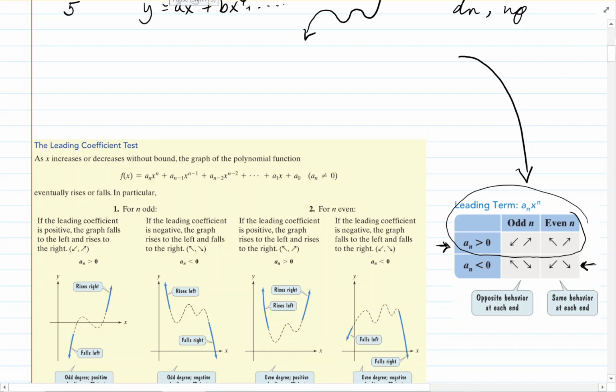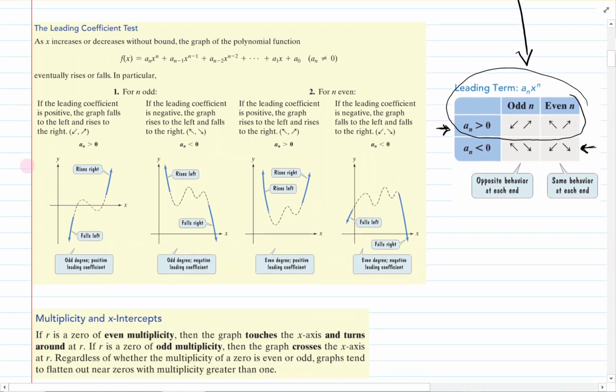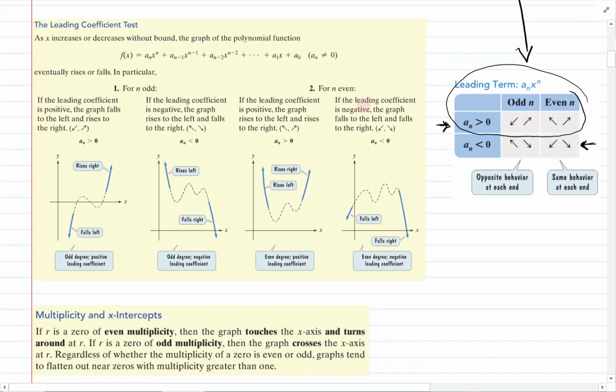All right, let's see a little bit more. The author has this as a summary. It's called the leading coefficient test. And it says, as x increases or decreases without bound, that means goes far to the right or far to the left, the graph of the polynomial function eventually rises or falls.